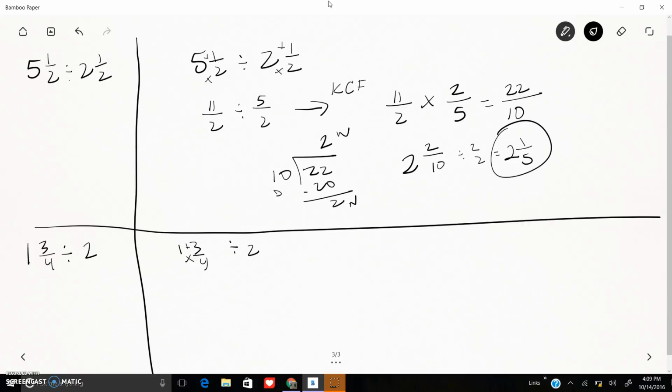So I'm going to do 4 times 1 is 4 plus 3 is 7/4 divided by 2. And that is actually 2 over 1, right? Then I'm going to do my keep, change, flip. So 7/4 times the reciprocal of 2, which is 1/2. And then I multiply. 7 times 1 is 7. 4 times 2 is 8. I can't simplify that any more than it is. So my answer then is 7/8.